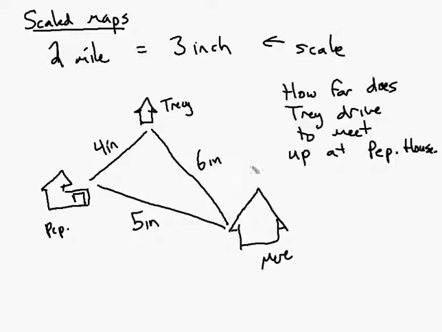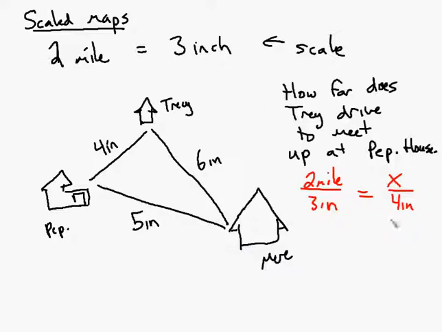All right, so we want to convert this 4 inches to what? To miles. According to our scale, 2 miles equals how much on our map? 3 inches. I don't know how far Peppermint Patty lives from Trey, but on our map we see that she's 4 inches away.